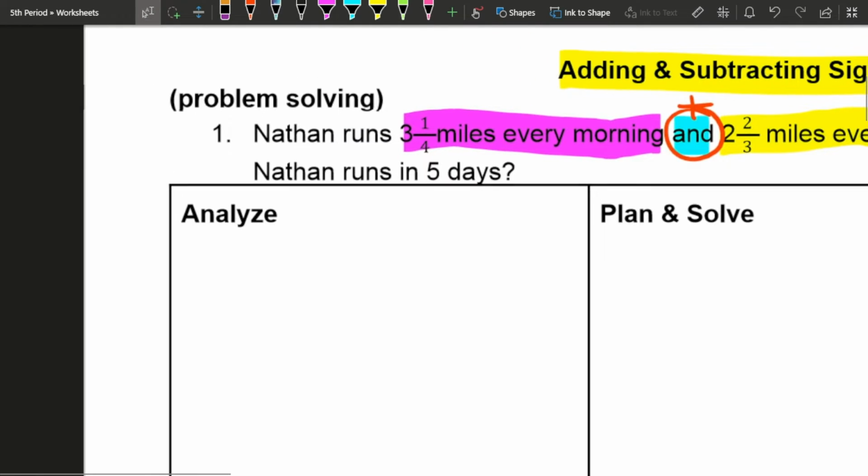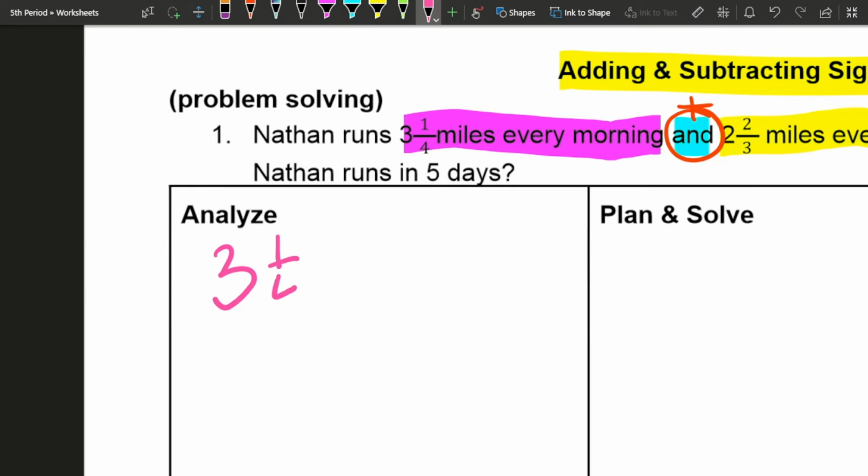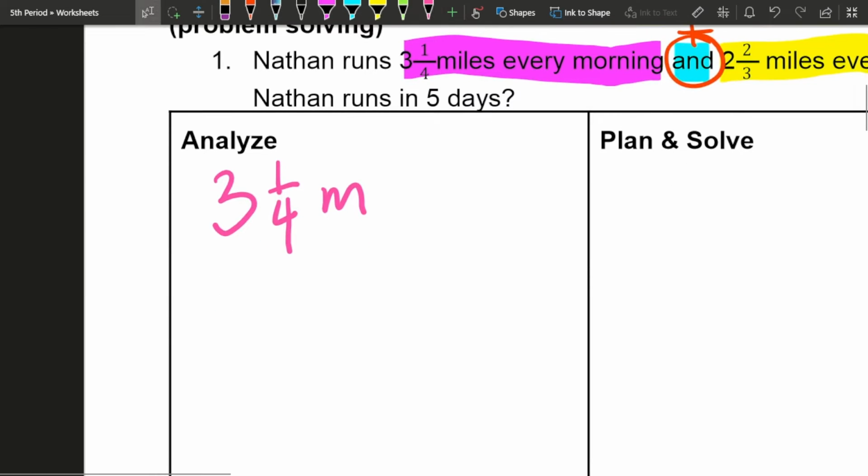So, we're going to analyze. I know that 3 1/4 in the morning, and I know I'm going to add 2 2/3 in the evening. So far, so good? However, we have mixed numbers, and I have a short video on YouTube and also on TikTok about converting mixed numbers into improper fractions, because we can't just add like that.